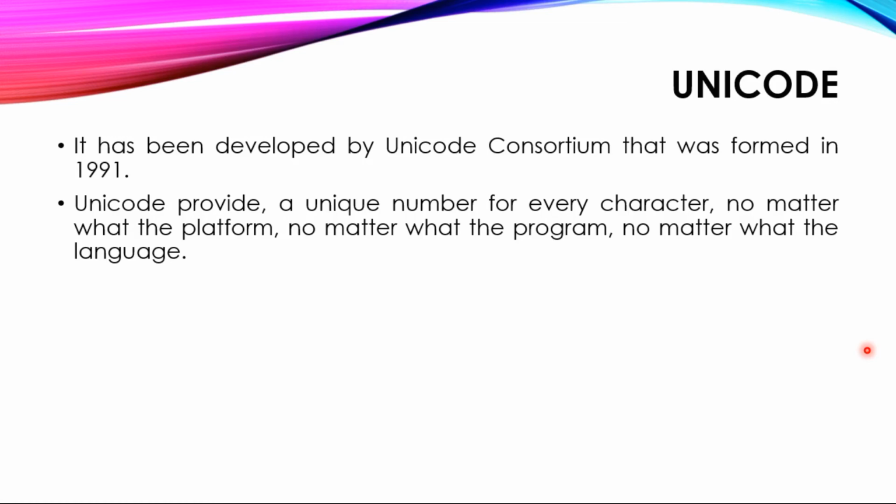So Unicode means what? Unicode will give you a unique number for every character. No matter your platform, whichever operating system you are using, there will be a unique number for every character. Whichever program or whichever language you are using, there will be a unique number for each and every character.